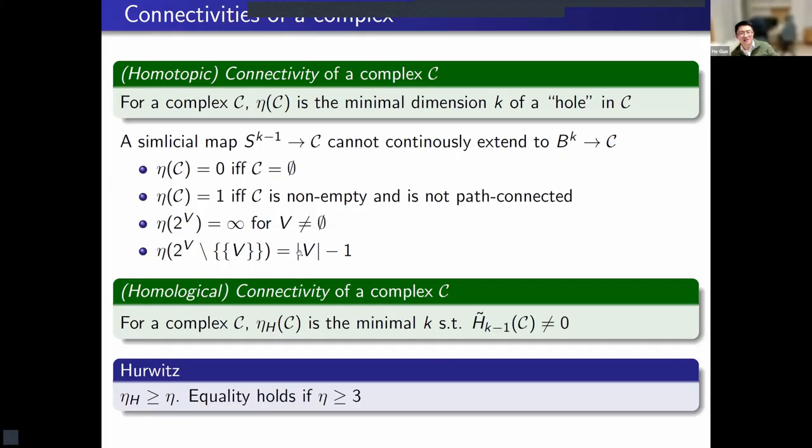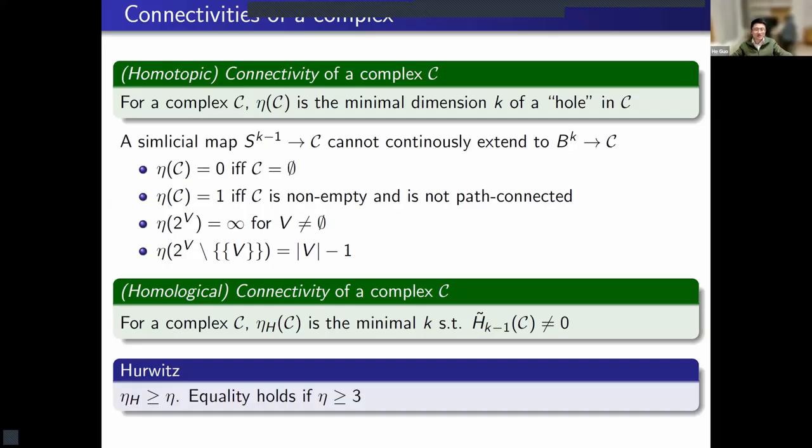Therefore the connectivity will just be the dimension of the largest hole, which is of dimension the size of V minus 1. It's enough to just know the connectivity of such examples.